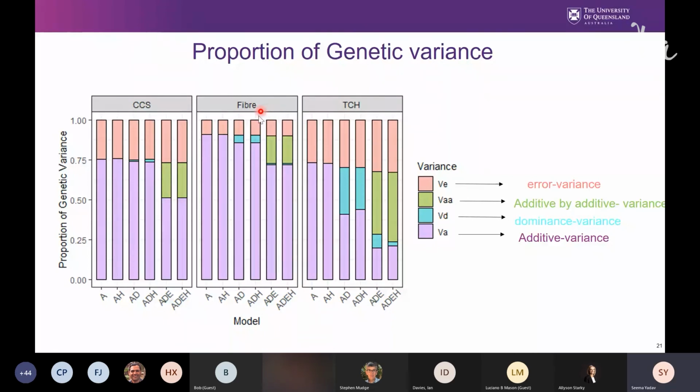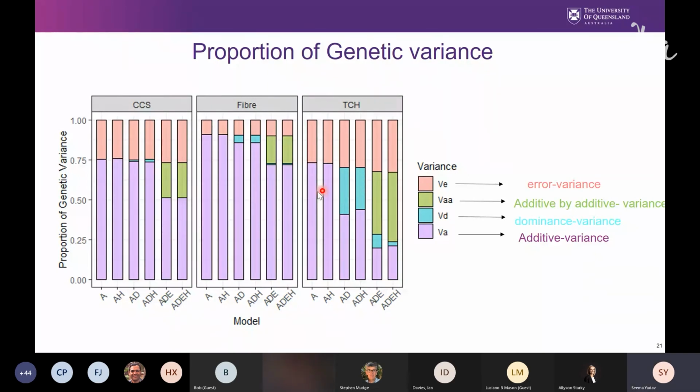As we know, fiber is the most highly heritable trait, so we find more additive variance in the fiber, and there is less dominance effect in the fiber, but we can find some additive interaction in the fiber also.